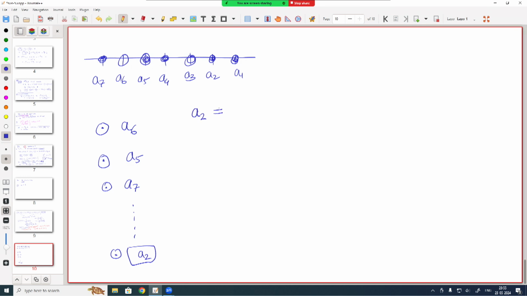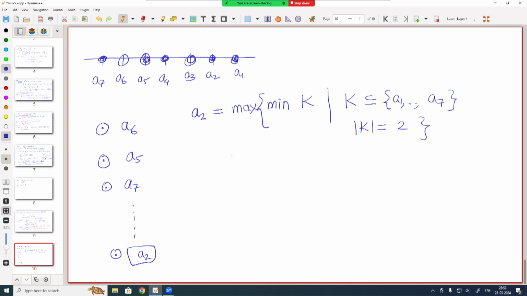So, what this is saying is A2 is the following: it is the maximum over k of the minimum of the set k, where k varies over all subsets of cardinality 2. Okay.